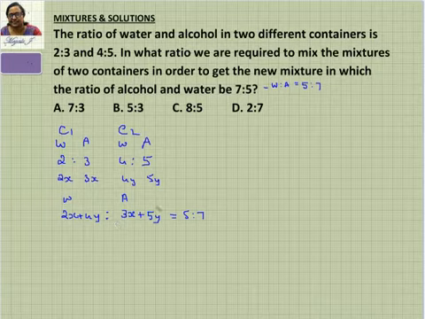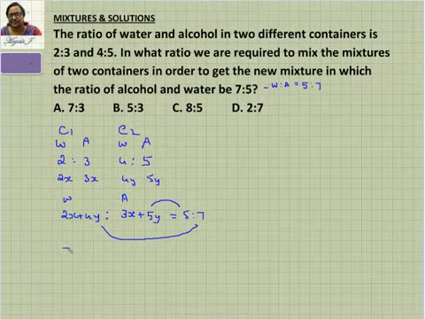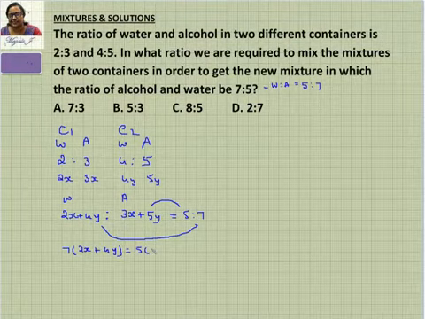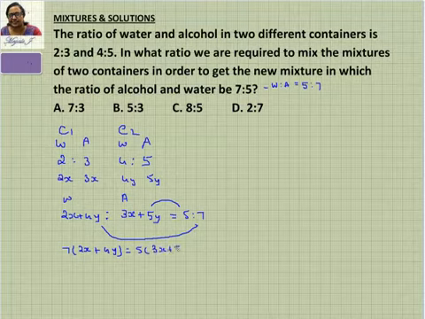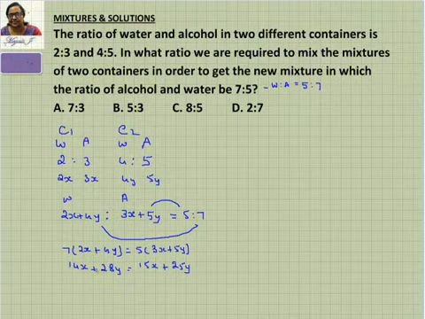Now that you have this proportion, you can find the values. Product of the means equals product of the extremes. Therefore, 7 times (2x plus 4y) equals 5 times (3x plus 5y). When you solve this, it's 14x plus 28y equals 15x plus 25y. So bring the y to this side.